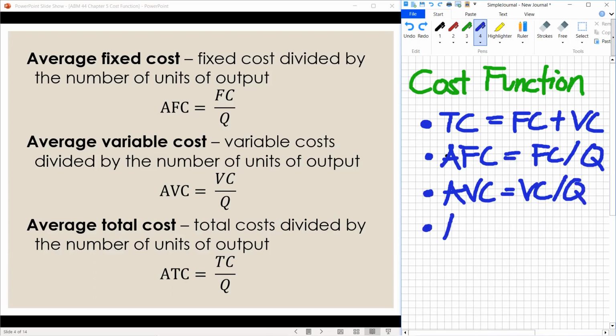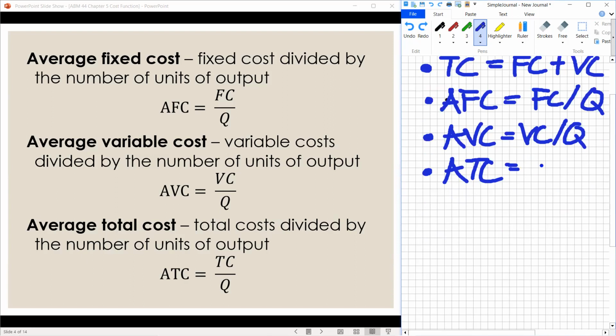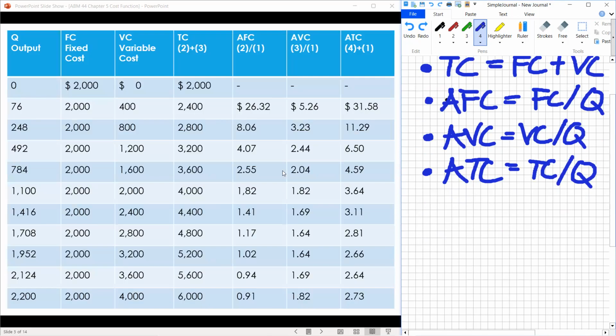Next is average total cost, which is total cost divided by quantity.